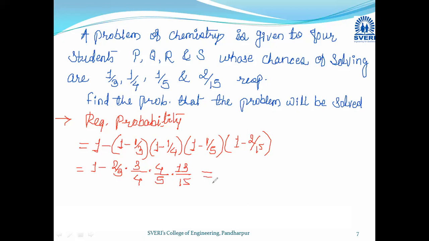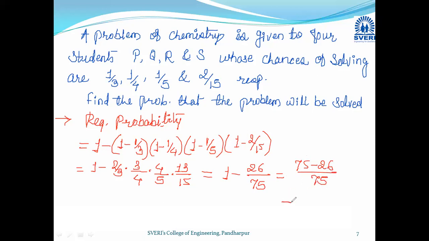which is equal to, calculate this. 1 minus, first make the multiplication, and then subtract from 1. So it is 1 minus 2 by 3, 3 cancel, 4 cancel, 2 into 13, that is 26, 15 into 5, 75, which is equal to 75 minus 26 divided by 75.